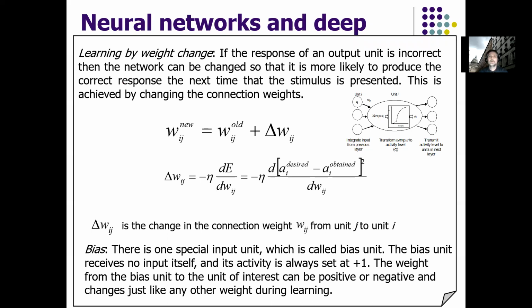This is a method that is well known in mathematics. It was introduced in the 60s. The first paper was in 1962, actually, as far as I remember, that introduced this concept of minimization with the use of gradient descent.